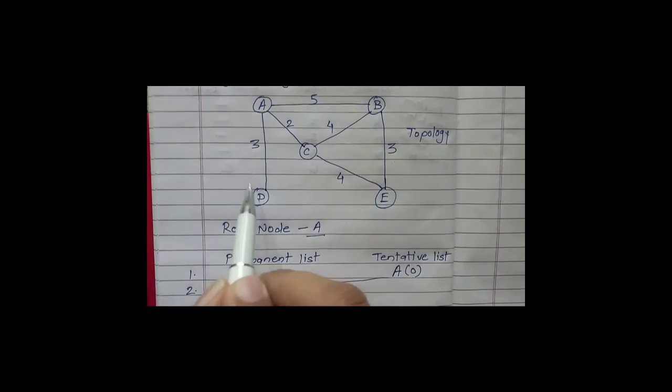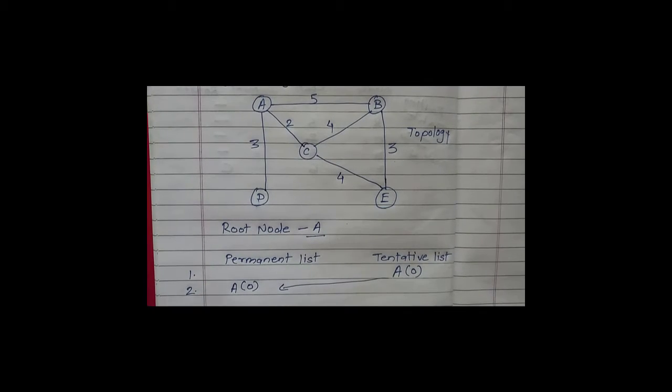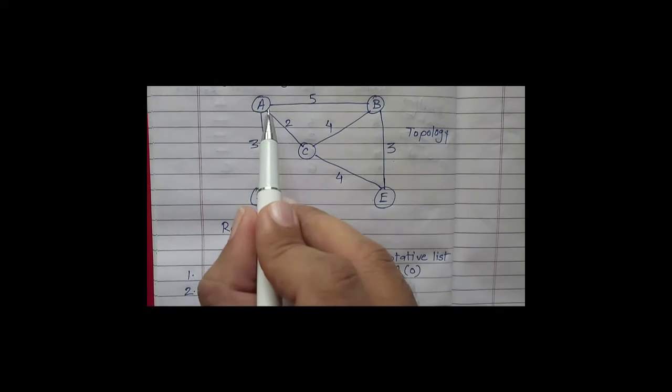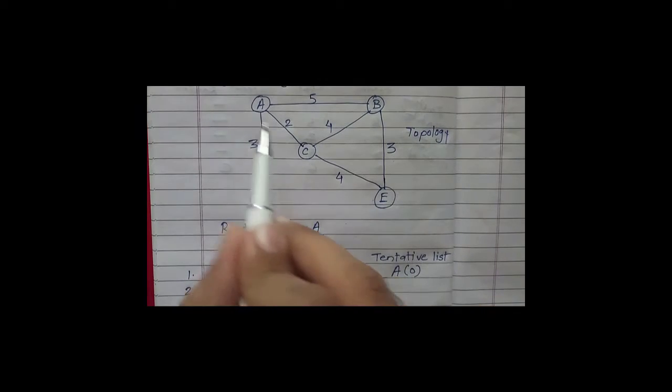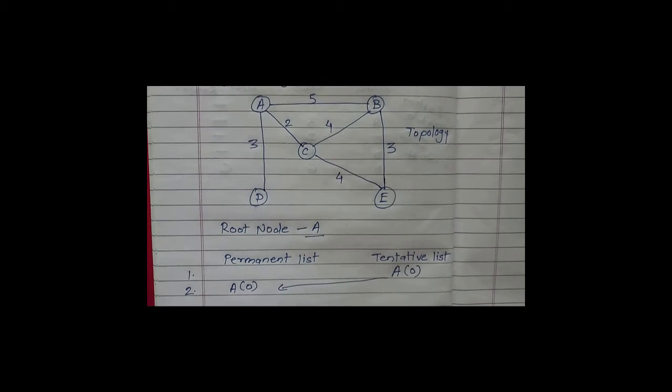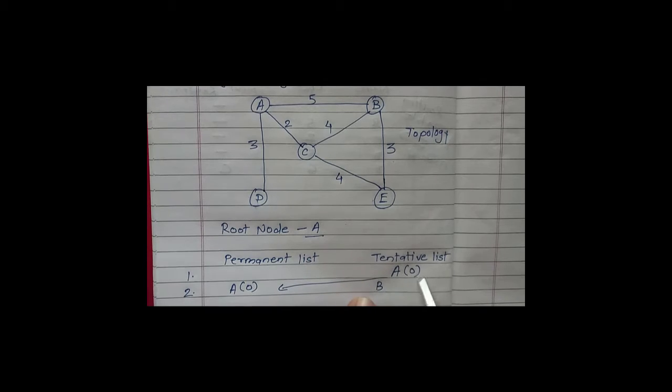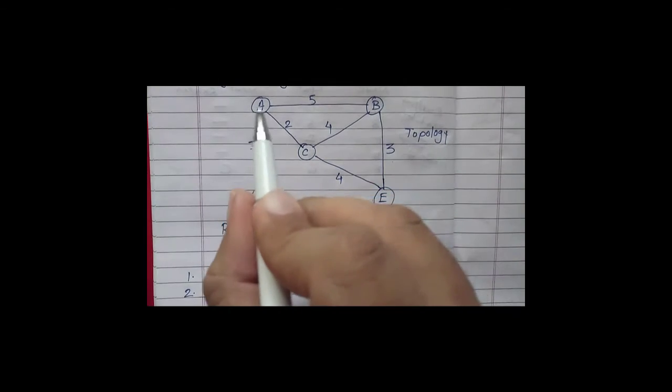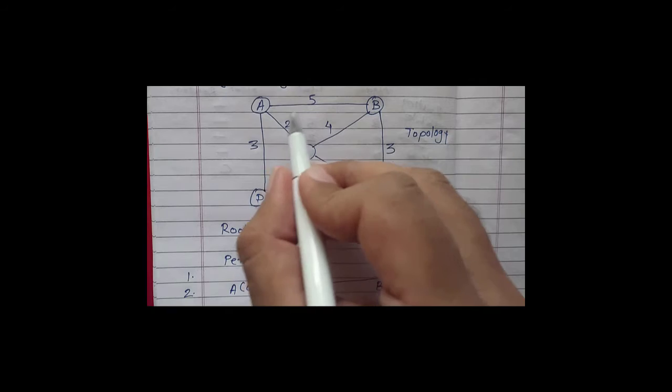B, D and C. E cannot be an immediate adjacent of A because we do not have a direct path from A to E. So the remaining immediate adjacent nodes of A are B, and the cost to reach B from A is 5.